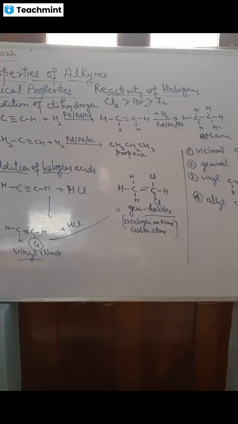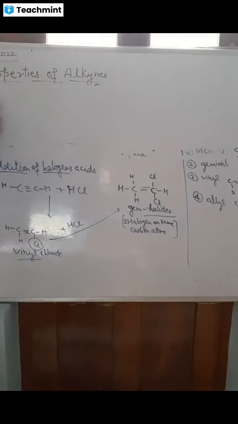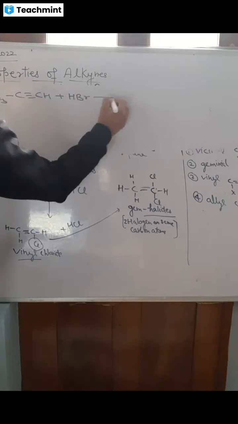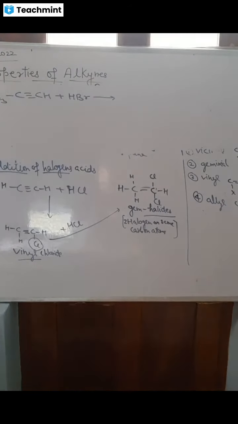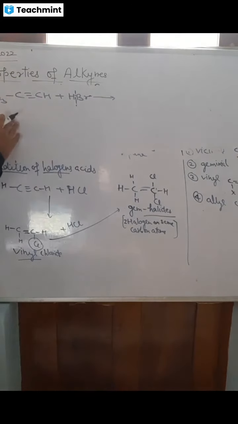Suppose we have this. How will it form the product? It follows Markovnikov's rule. तो Markovnikov's rule क्या कहता है कि the negative part goes to the carbon that has fewer hydrogens.